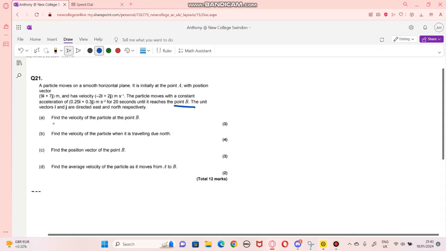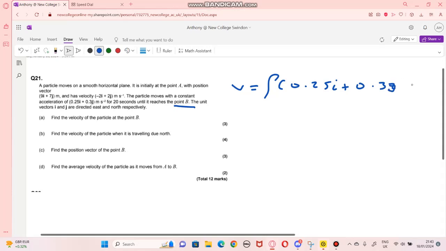So part A is asked to find the velocity of the particle at point B. We're given the equation of the acceleration, so we can integrate this equation to get velocity. Velocity is equal to the integral of the acceleration, which is 0.25i + 0.3j dt.